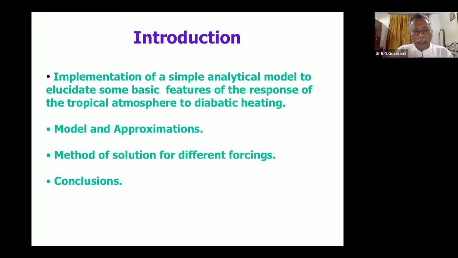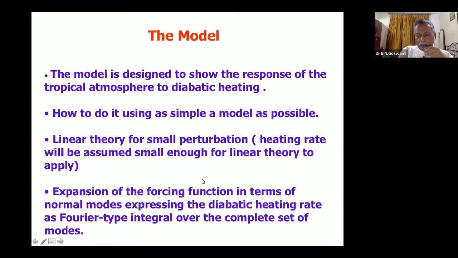So I'll talk about what the model approximations are, how the model solution looks for different cases, and then conclusions. The model is designed to show the response of a tropical atmosphere to diabatic heating.